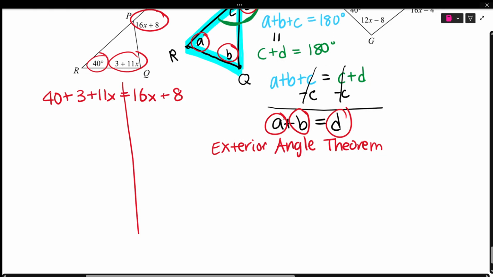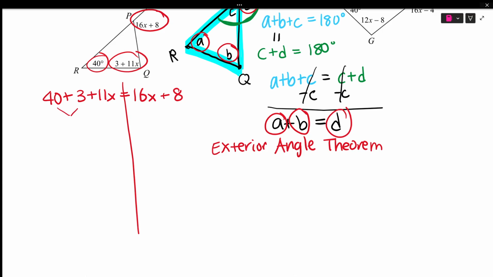So let's go ahead. We have our equation. Let's solve for x and then plug it back in. I see 40 and 3 like terms, so that's 43. Kind of run into an issue here. I see an x on the left side. I see an x on the right side. I don't need one on each side of the equation. So let me just get rid of it on one side.